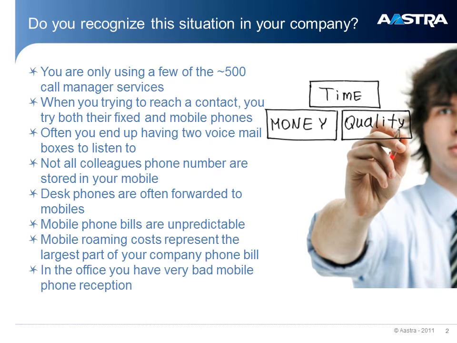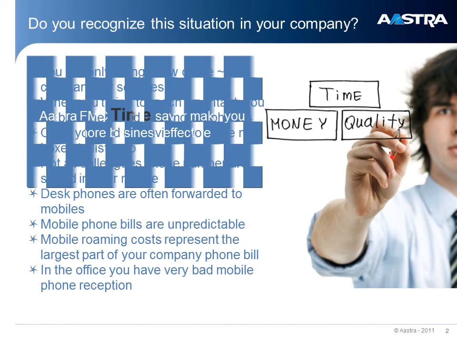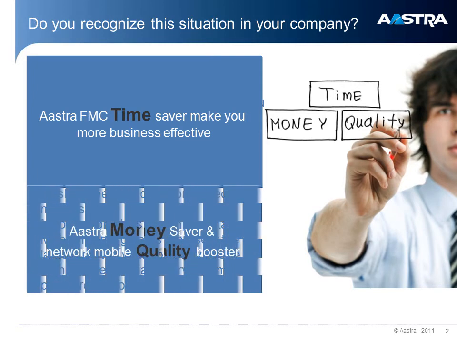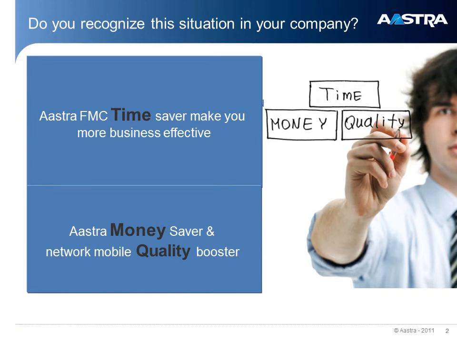With this solution, using the Wi-Fi dual mode solution, you can have good mobile coverage everywhere in your office. To summarize this, you have a lot of time saving functions where you can be more efficient in your working life. You can also save a lot of money by using this solution, and also build up a better quality by using the dual mode Wi-Fi solution.